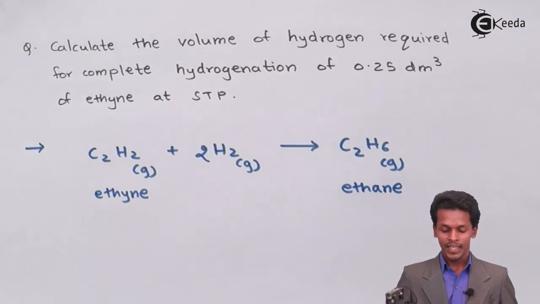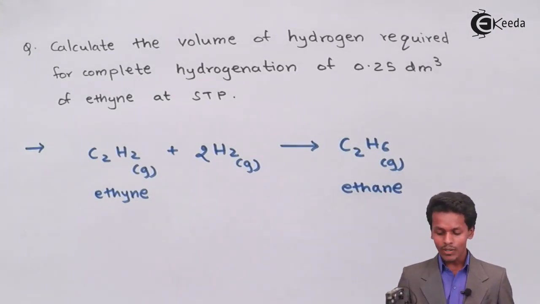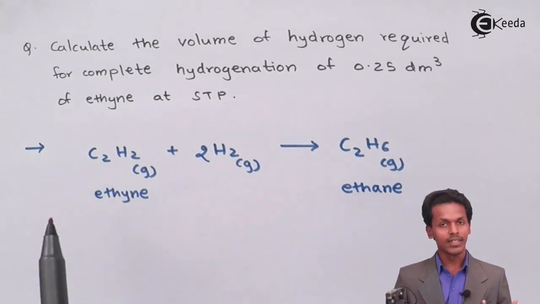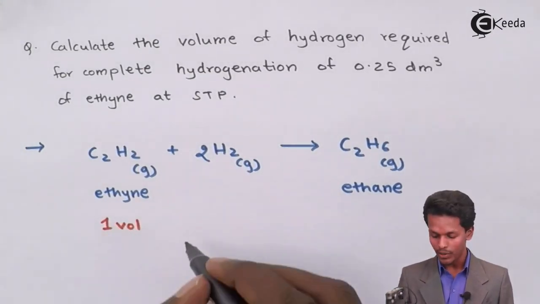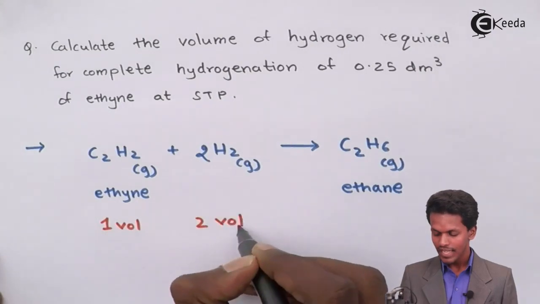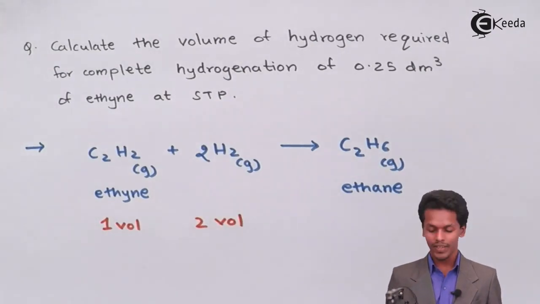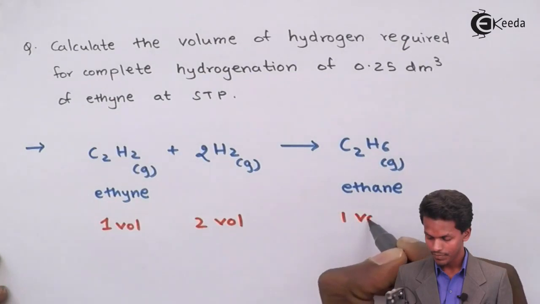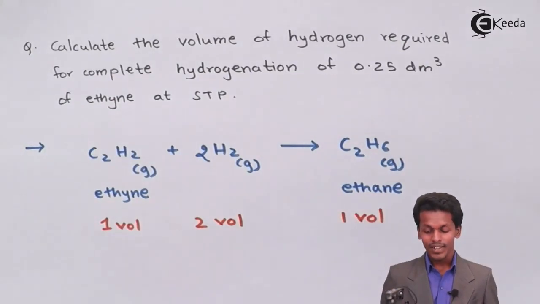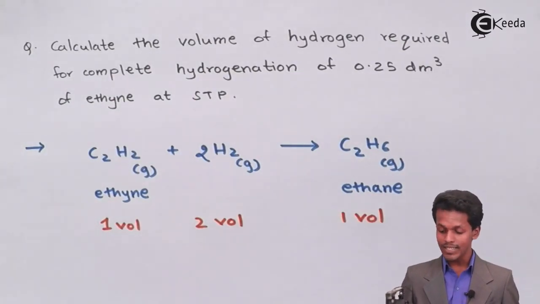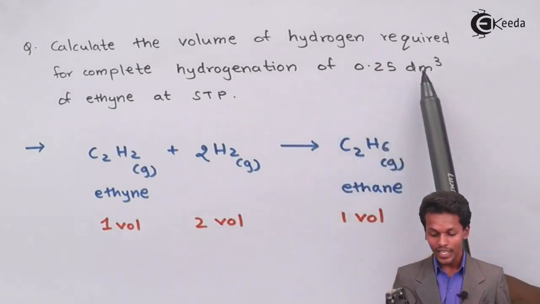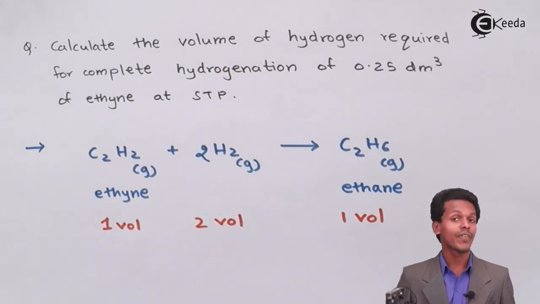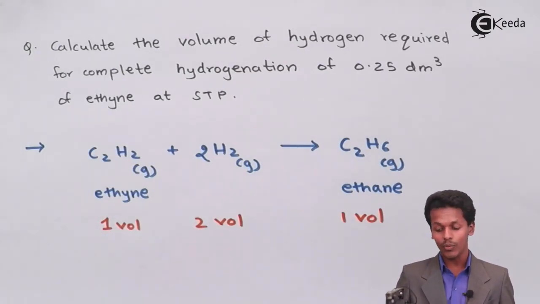Very simple. Now I can see that one volume of ethyne reacts with 2 volumes of hydrogen, which gives 1 volume of ethane. But what they have given us is 0.25 dm cube of ethyne, and because of that we have to calculate the volume of hydrogen that I require.